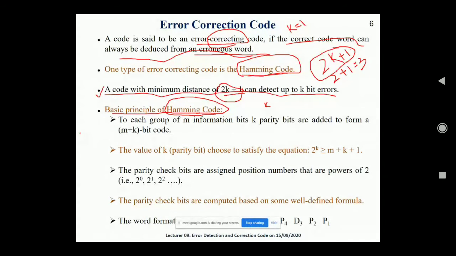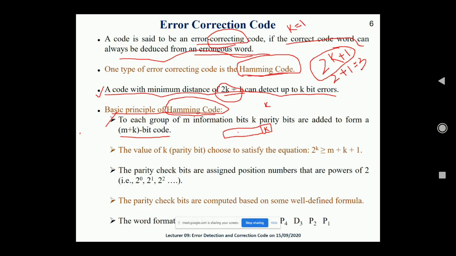The first rule is that to each group of m information bits, k parity bits are added to form an m plus k bit word. It is very simple. Suppose this is the information bit, message bit, or data bit. Then we add some parity bits, and suppose this is the k parity bits.